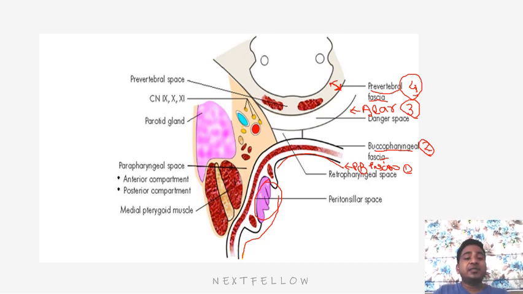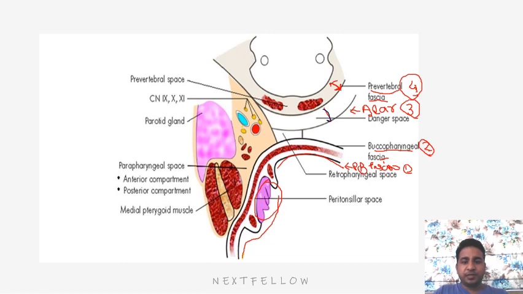Any abscess in this region will lead to fever, plus painful neck movements, and if the spinal cord meninges are involved somewhere, the patient may have vomiting, fever and other meningeal signs. So this is my prevertebral fascia. Now this space, I'll turn into blue.